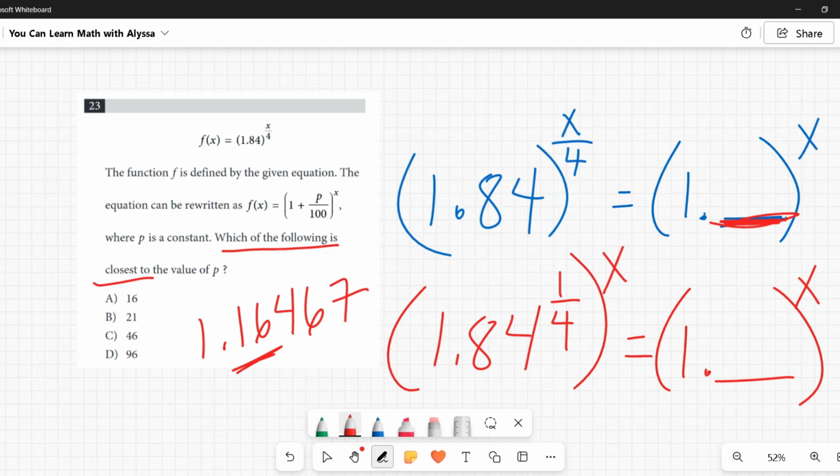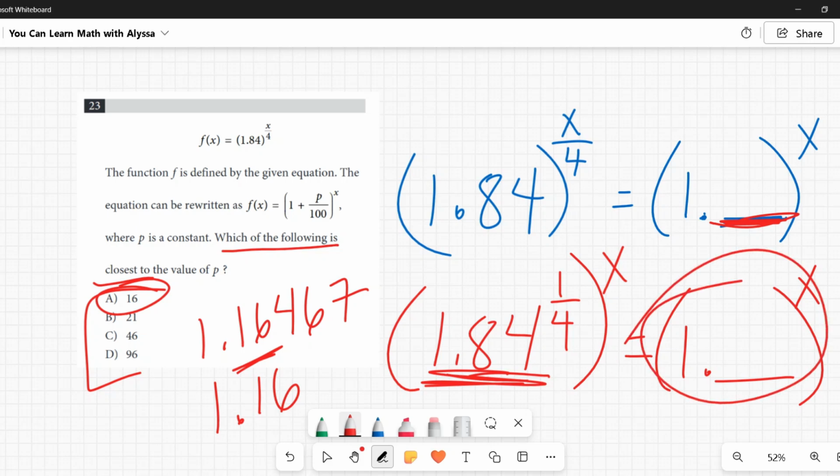If I rounded it to those two places, it would be 1.16. That is the closest to the value of p of those. 16, 21, 46, 96. 16 is the closest, and that is A. Because 1.16 is approximately the same as 1.84 to the power of 1/4, which then would be the same as that to the power of x.